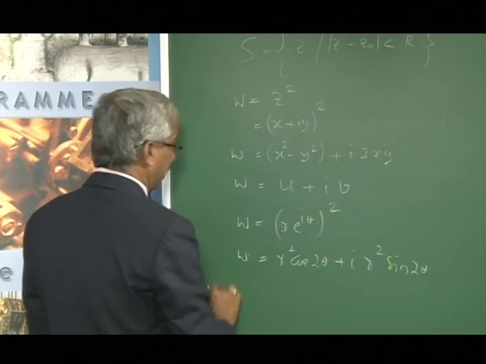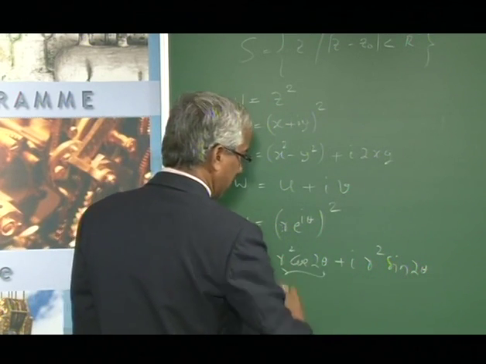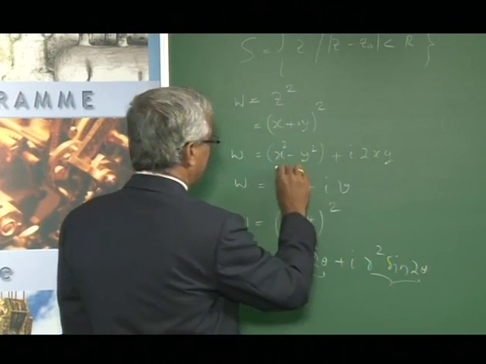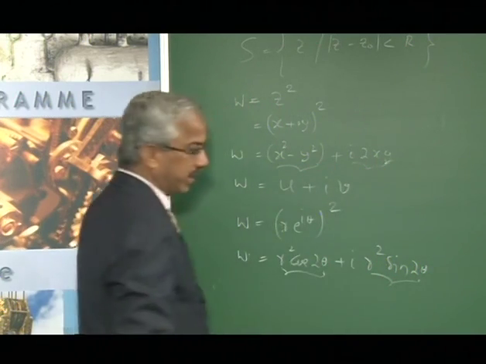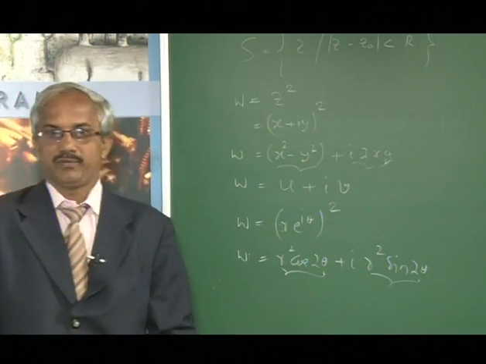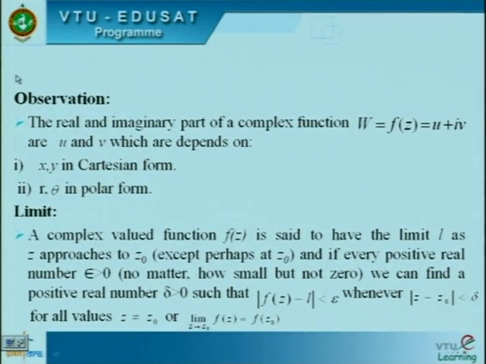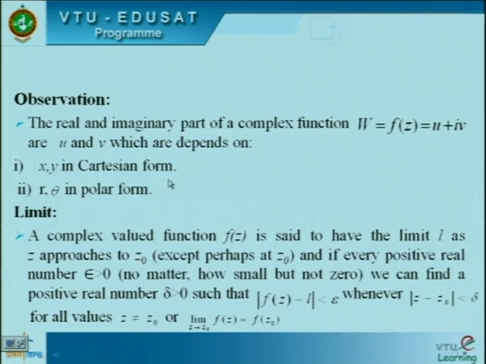In both cases you have to observe, this is a function of r and theta, and this is a function of x and y. So therefore in the complex function, w has a real part and an imaginary part, that is u and v, which depend on x, y in the Cartesian form, and r and theta in the polar form. That means u and v are functions of x and y in Cartesian form.